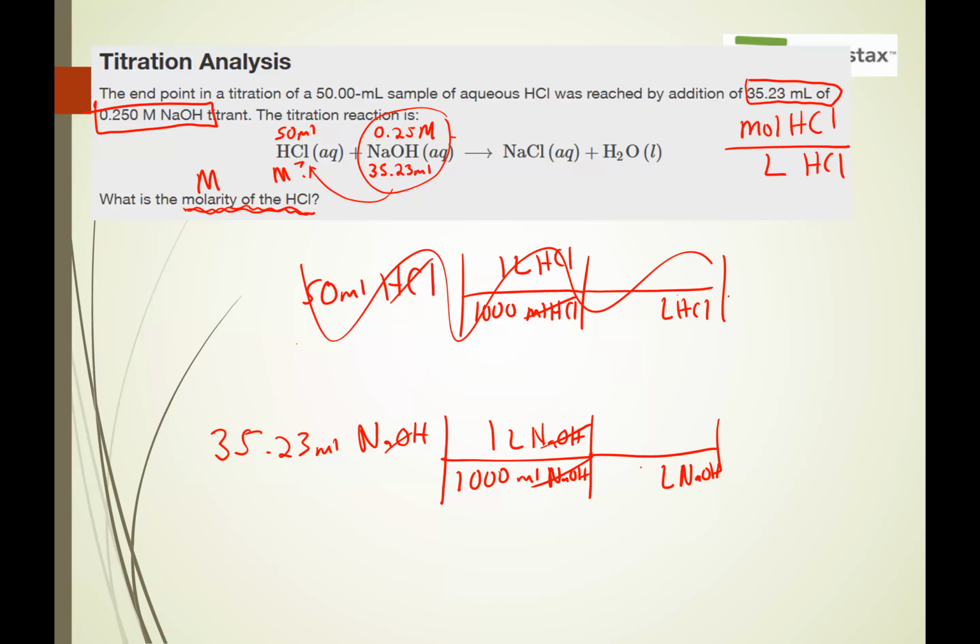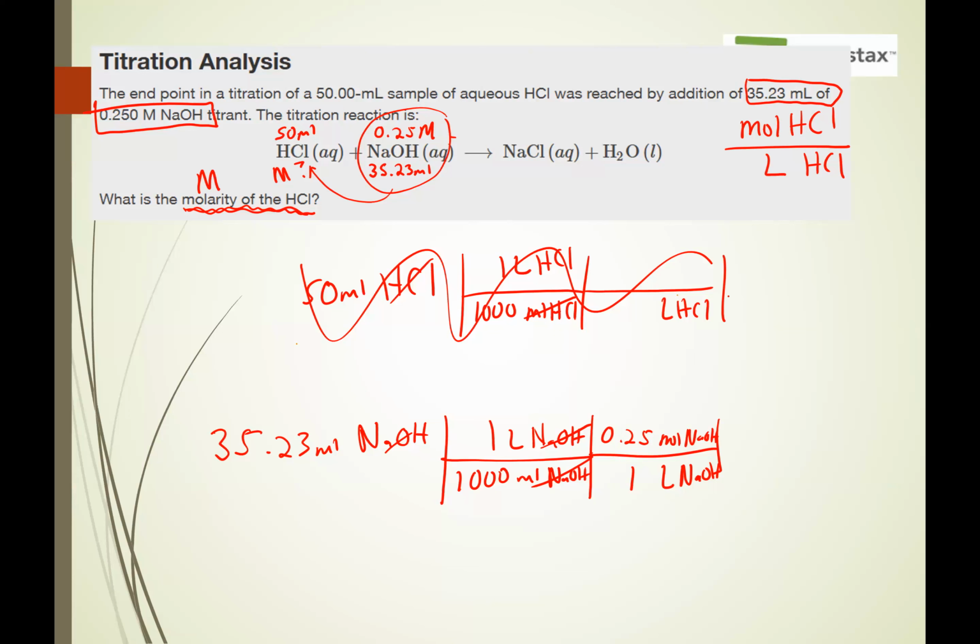With our molarity, in 1 liter of NaOH, there's 0.25 moles of NaOH. So in the future, if you're looking at a problem that has molarity and you're given both the moles and the milliliters, that's the one you want to start with. Don't start with the other one because there's not enough information.